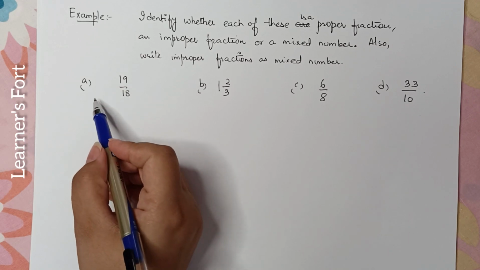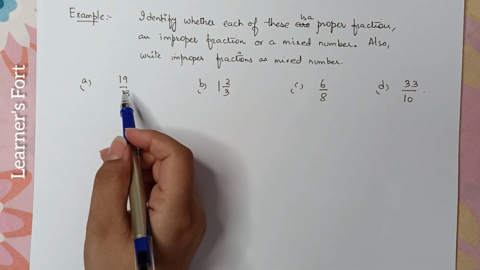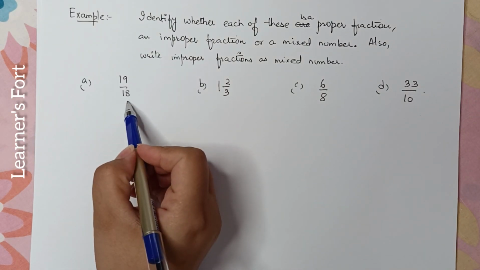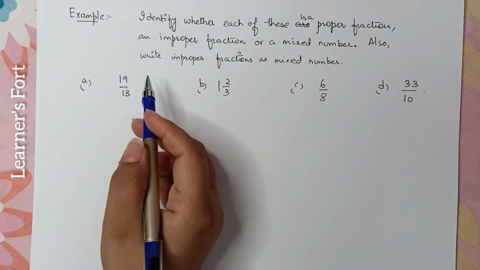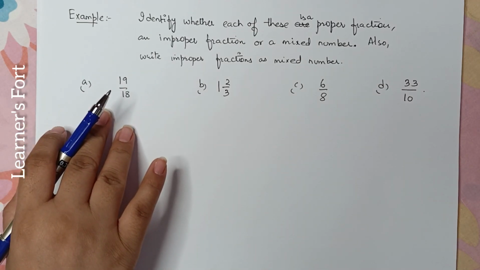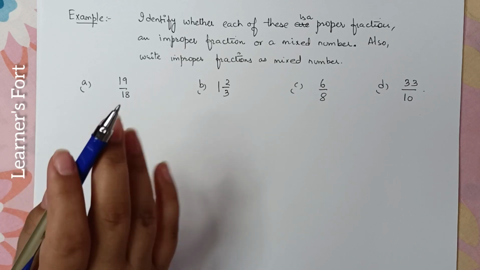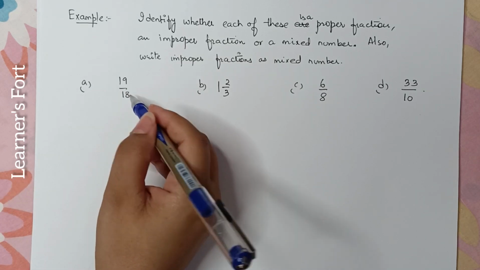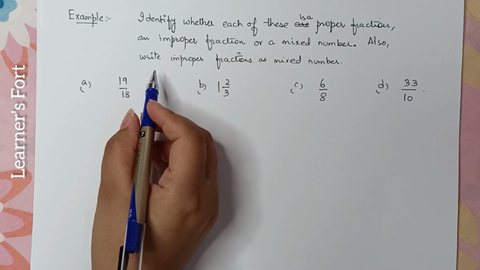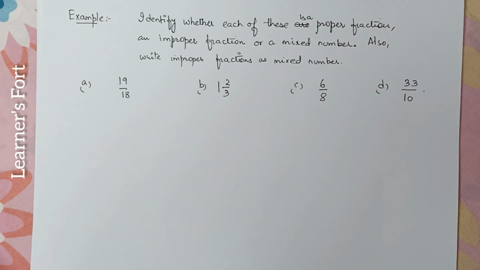First, let's have a look at example A, 19 upon 18. Think yourself, is it an improper fraction or a proper fraction or a mixed number? I'll give you 2 seconds. Think about it.